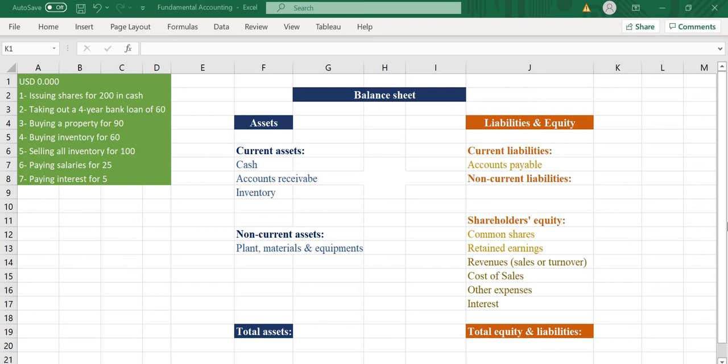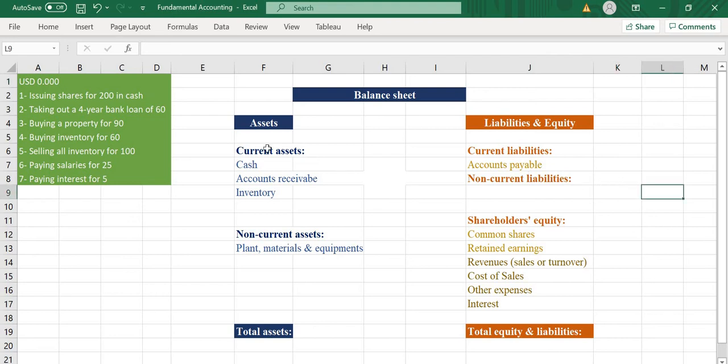Before we move on, I would like to share with you some general details about a balance sheet. In the balance sheet, we have the asset side and the liability and equity side.